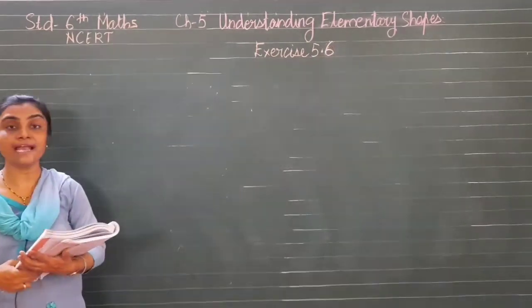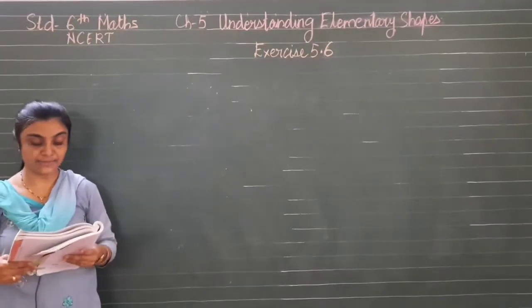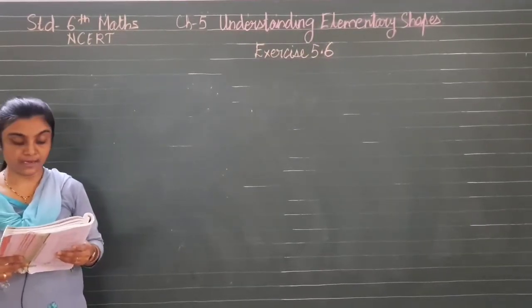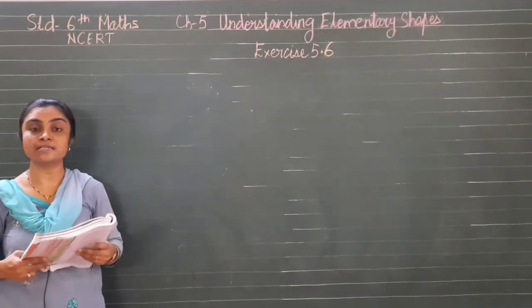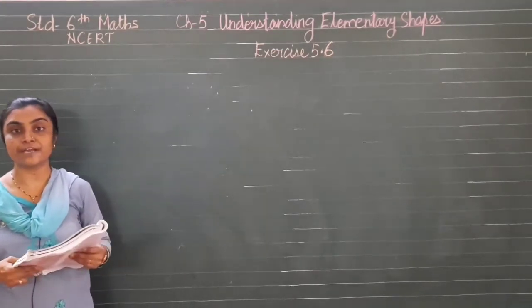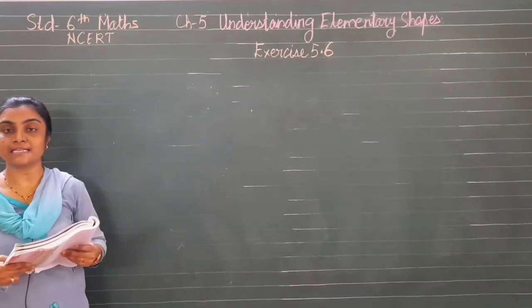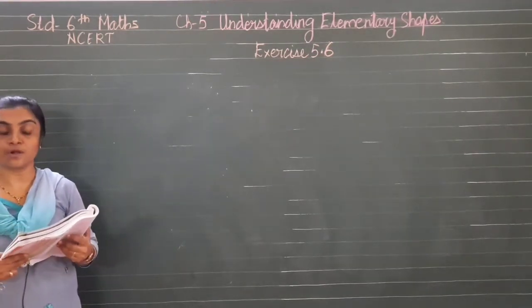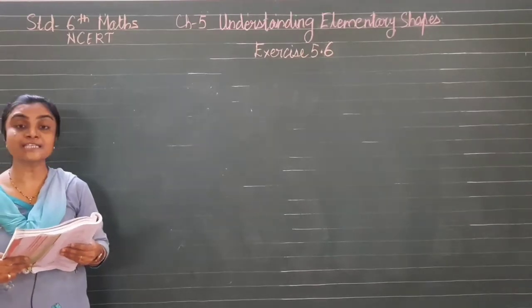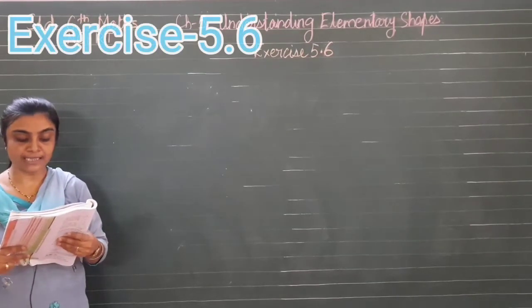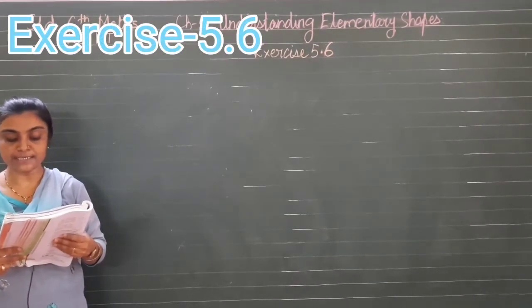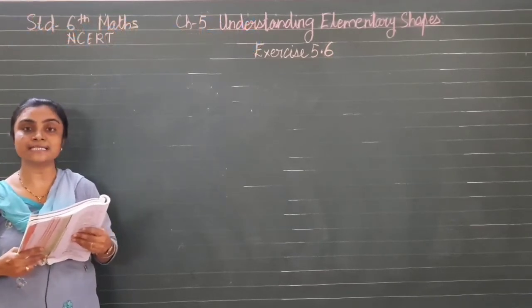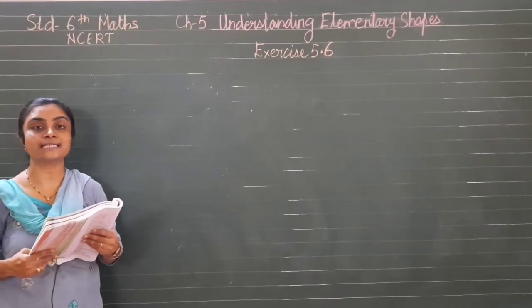Now let us see exercise 5.6. Question number 1. Name the types of the following triangles. Now we know that triangles are classified according to the angles and according to the sides. Now the first one, A: triangle with length of sides 7 cm, 8 cm and 9 cm. Here all the 3 sides are different.